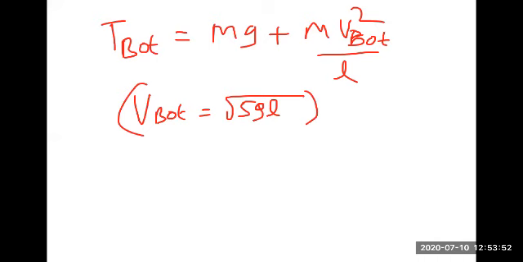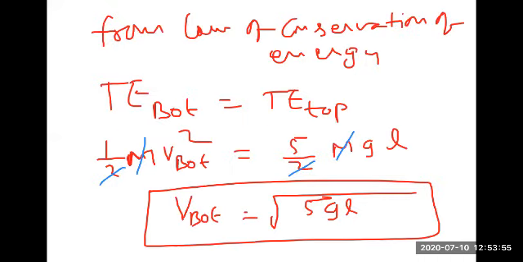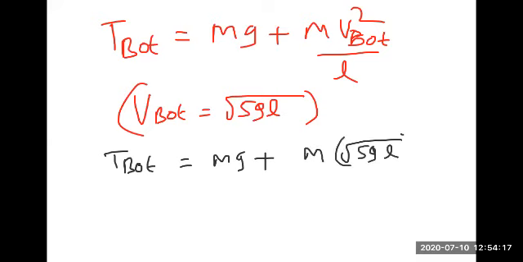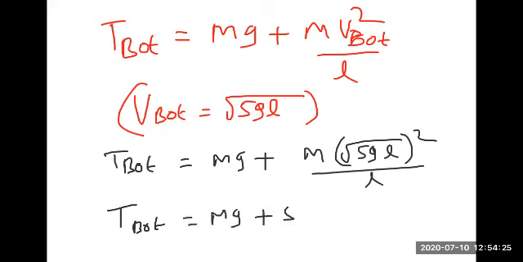Where did you get this, sir? Here only, beta, you can check here. From the law of conservation of energy, I derived the velocity at bottom as root 5 gL. Now I am substituting it in the expression for tension at bottom: mg plus m into root 5 gL whole square by L. L and L will be cancelled, and we'll get 5 mg.